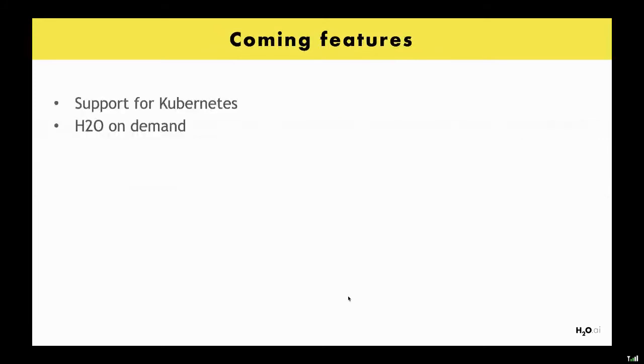So that's actually what I wanted to talk about. We have some upcoming features in Sparkling Water. We are finalizing our support for Kubernetes. Our community is already trying that. We are also trying to support dynamic allocation in terms of H2O on demand.